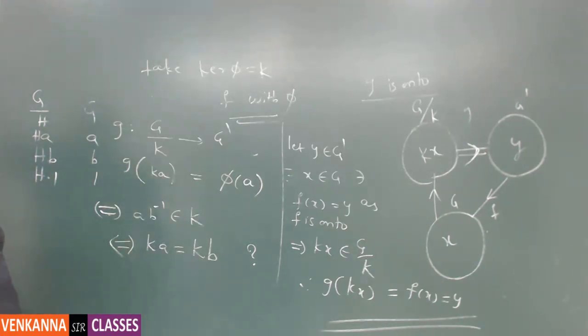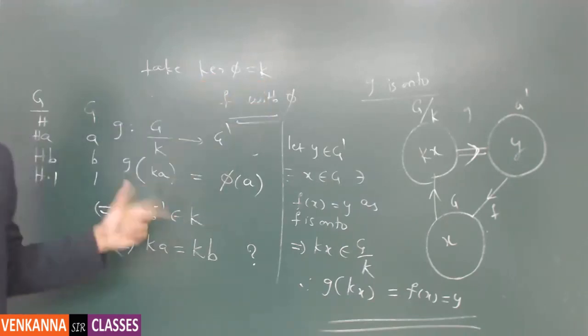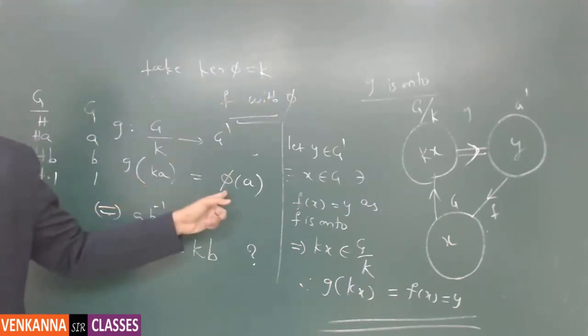It seems to be really complicated in the beginning, but once you go through the proof 1 or 2 times, just today night itself you read it 1 or 2 times, then you will get hold of the whole proof. I have given the task that you write kernel phi equal to k, define g of k equal to f of a.